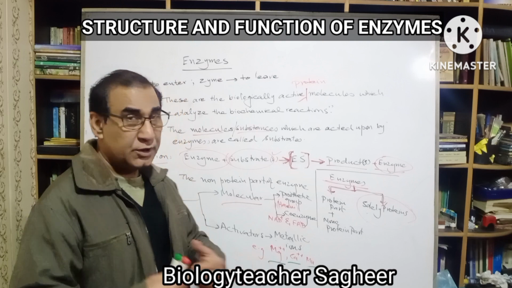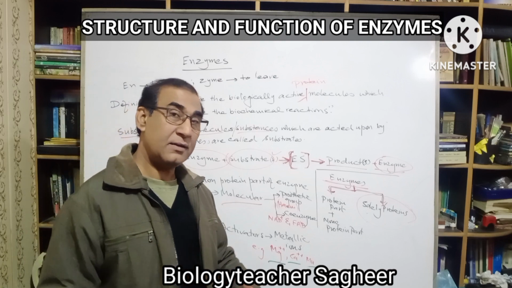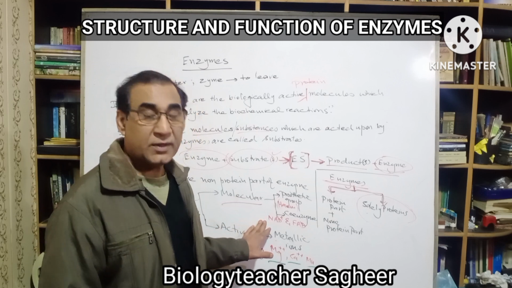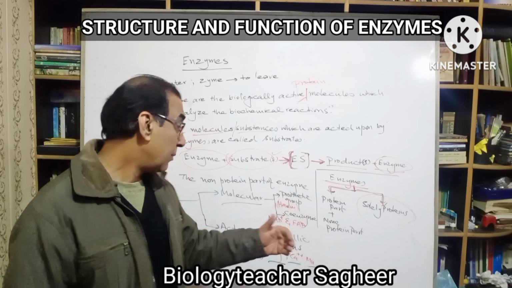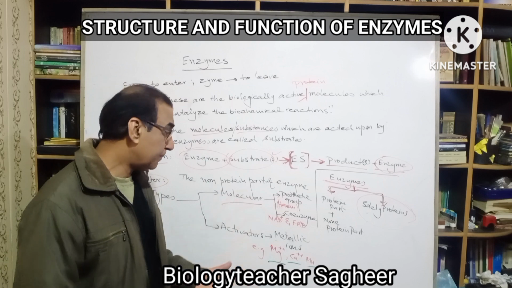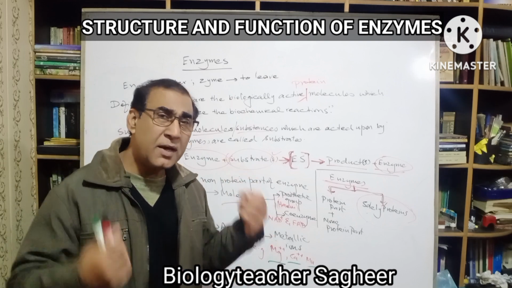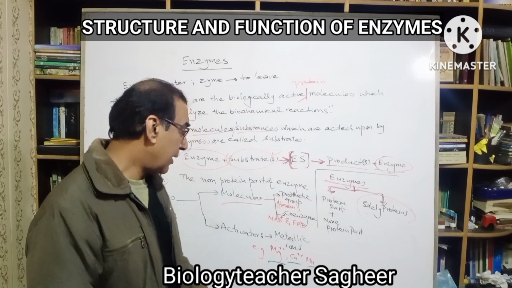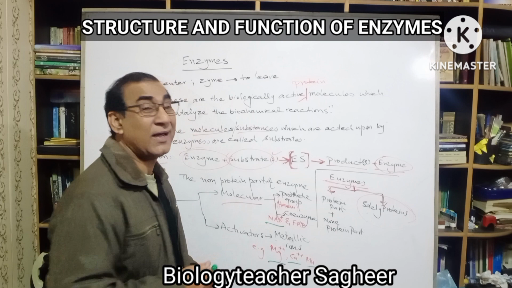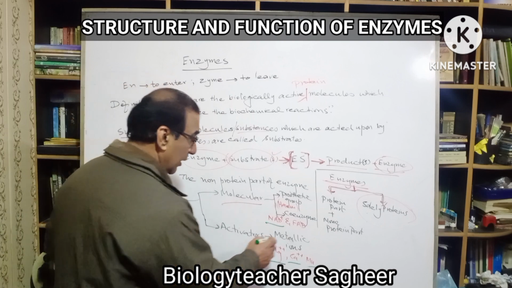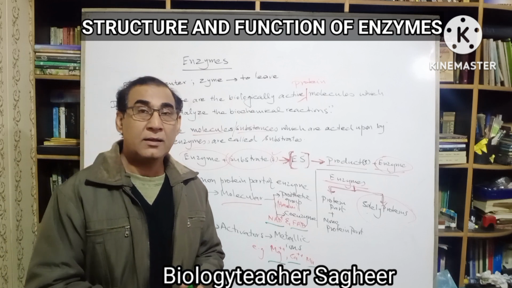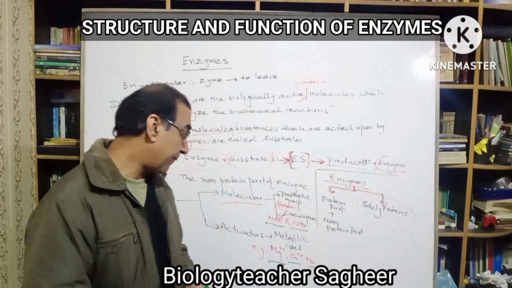Another molecular type of cofactor is the coenzyme. There are many coenzymes, and good examples are nicotinamide adenine dinucleotide, NAD, or FAD, flavin adenine dinucleotide. These are the most important coenzymes.